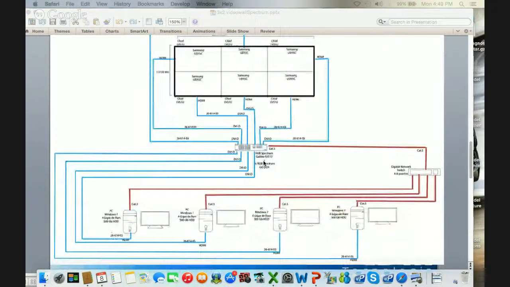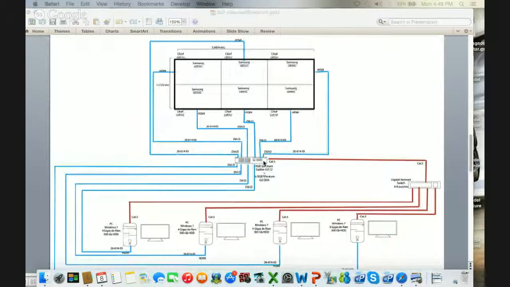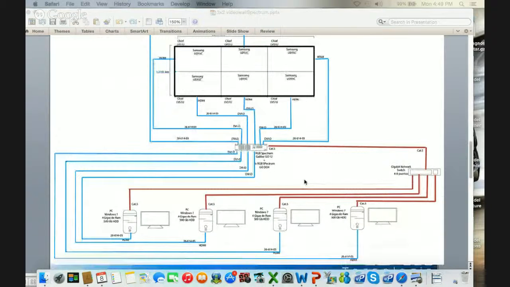First, we will start with the inputs. We have 4 inputs. These inputs will go to the video wall processor. We have 4 computers, and on each of these computers we have live content.